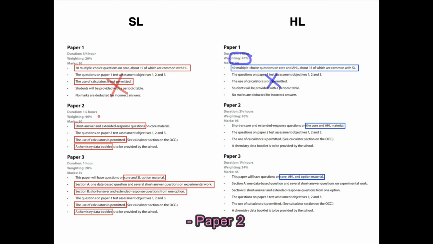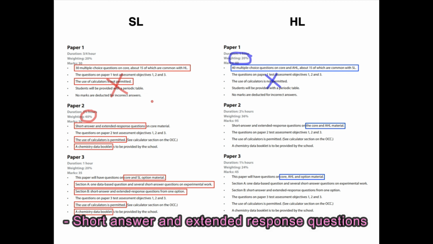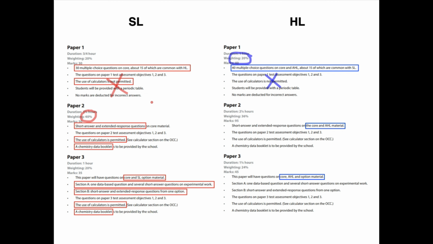Okay, paper 2. As you can see, the weighting of paper 2 is pretty high. It's 40%. And it's going to be composed of short answer and extended response questions on core material. The use of calculators is permitted this time, and you will be given a chemistry data booklet.